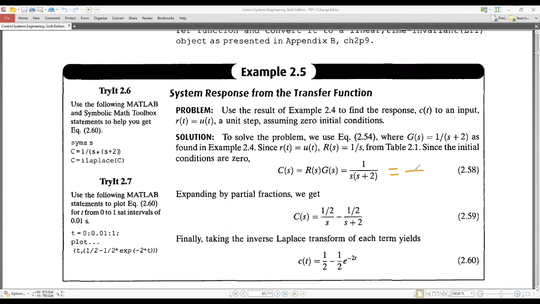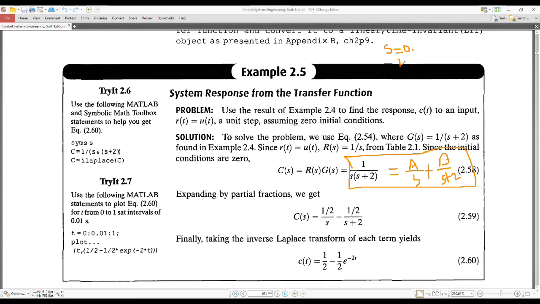So you can write A by s plus B by (s plus 2). Now we can do the calculation here.